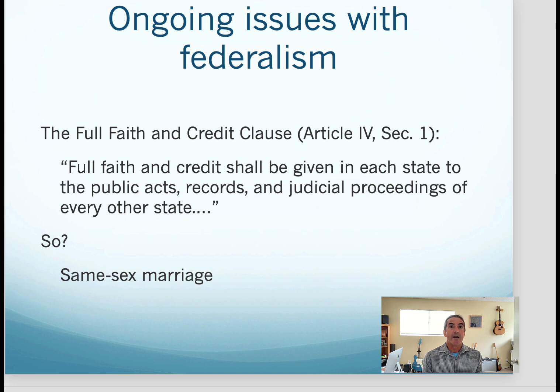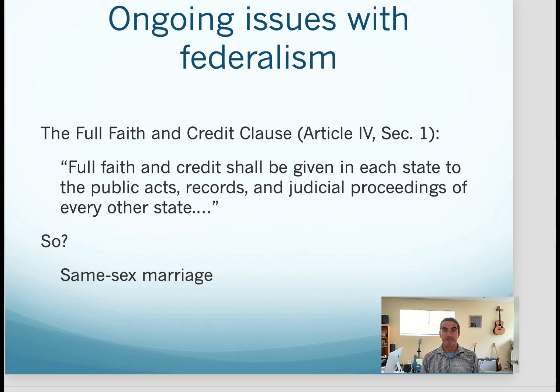When states like Hawaii, for example, which was one of the first to recognize same-sex marriage as being legal, when Hawaii recognizes same-sex marriage, imagine a couple living in Alabama, where it certainly was not recognized at the time, deciding to go to Hawaii and get married and have a honeymoon at the same time, and then go back to Alabama and expect Alabama to honor their marriage under the full faith and credit clause.